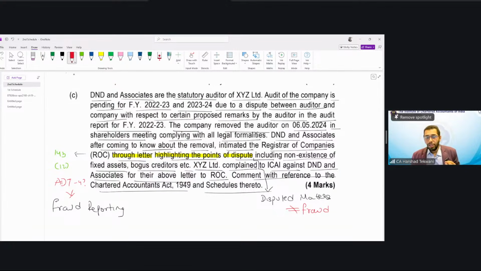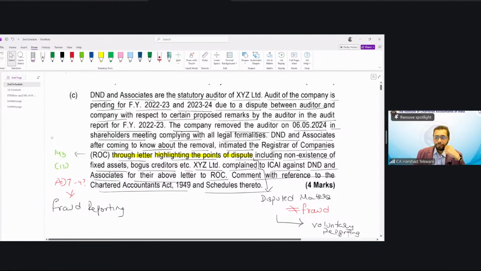So reporting to the ROC, without any intimation from the ROC, without any detail required by the ROC, becomes a voluntary reporting. So I can say as of now, this is voluntary reporting. Now, if this is a voluntary reporting, which clause do you think will be attracted in this scenario?